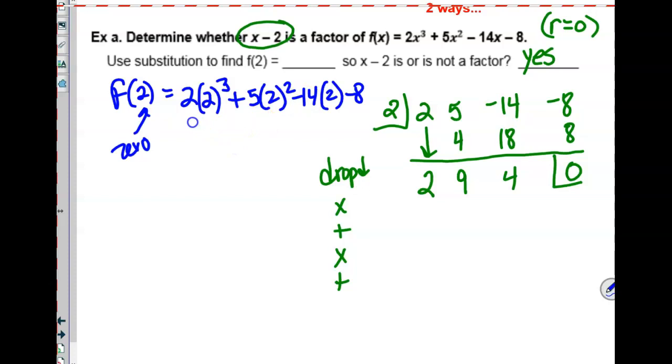Because we could do it in our head a little better, but you have a calculator anyway. This would be 16, 20. So you'd get 36 minus 28 is 8, minus 8 more, and it came out 0. So it is a factor. Everybody okay? Because it went in evenly and came out 0.